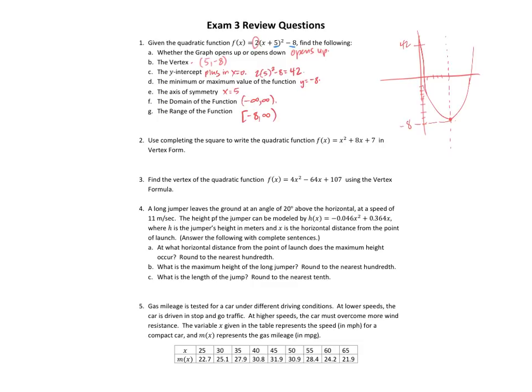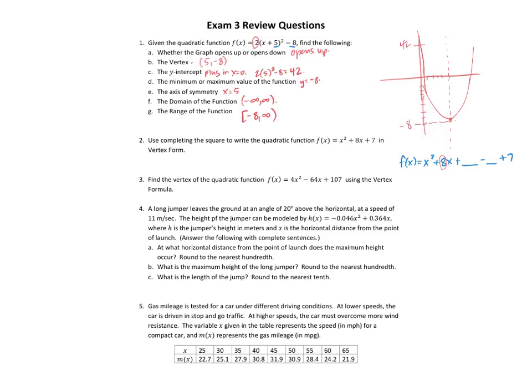Next, I want to use completing the square to write that quadratic function in vertex form. And so I can see f of x is equal to x squared plus 8x. And then I'm going to write plus blank minus blank plus 7. Okay, so I need to think about what it is that I want to pull in there. I can see that the term here is an 8.